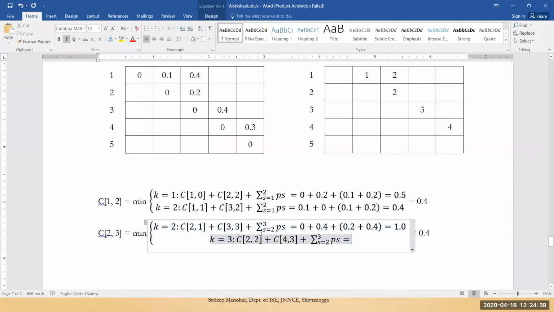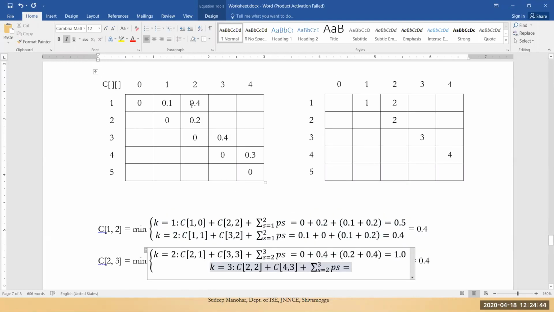Similarly, this one. C of 2 comma 2. C of 2 comma 2 is 0.2. C of 4 comma 3. C of 4 comma 3 is 0, plus the probability remains the same. It is 0.2 plus 0.4. What is the result of this? It is 0.8.